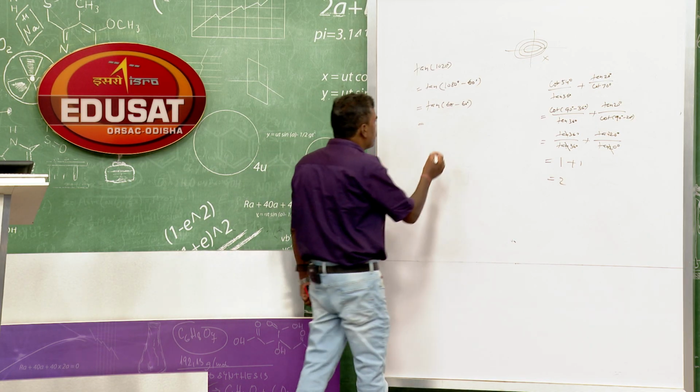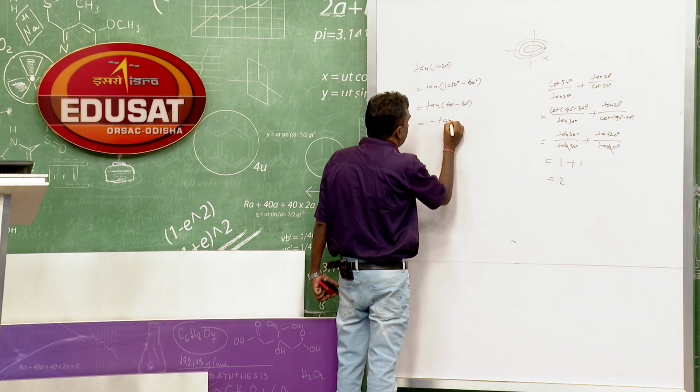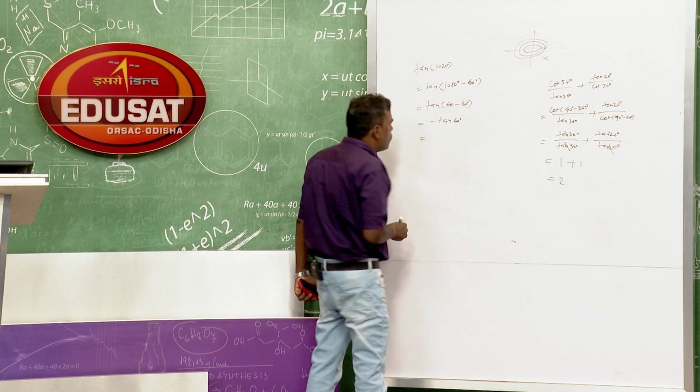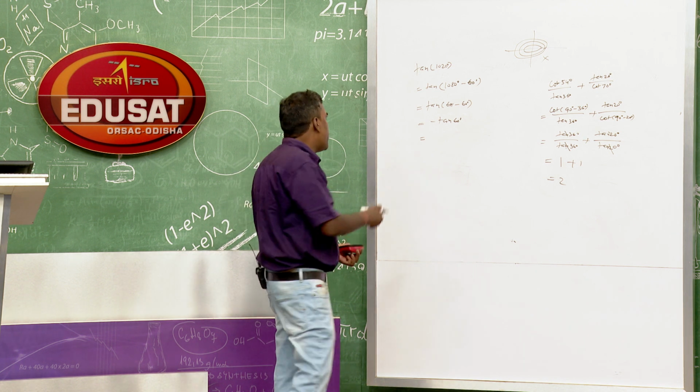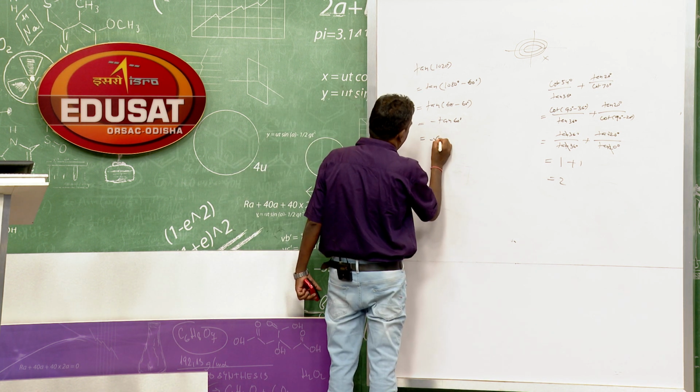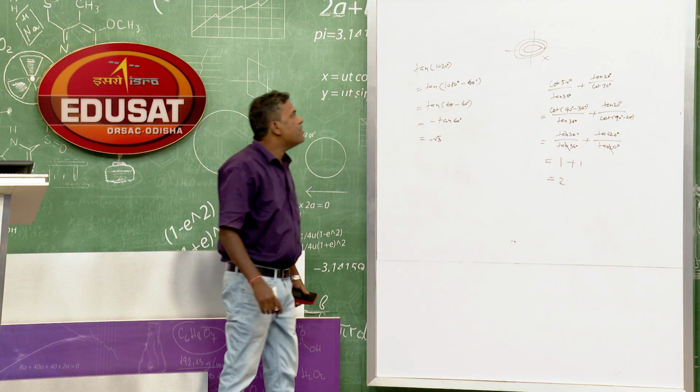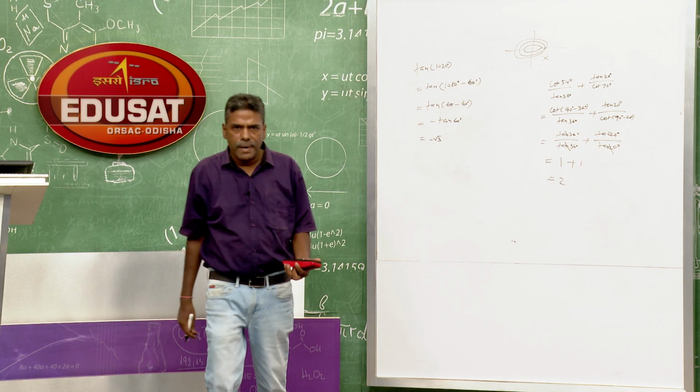So, −tan 60°, and tan 60° is √3. So, tan 1020° is equal to −√3.